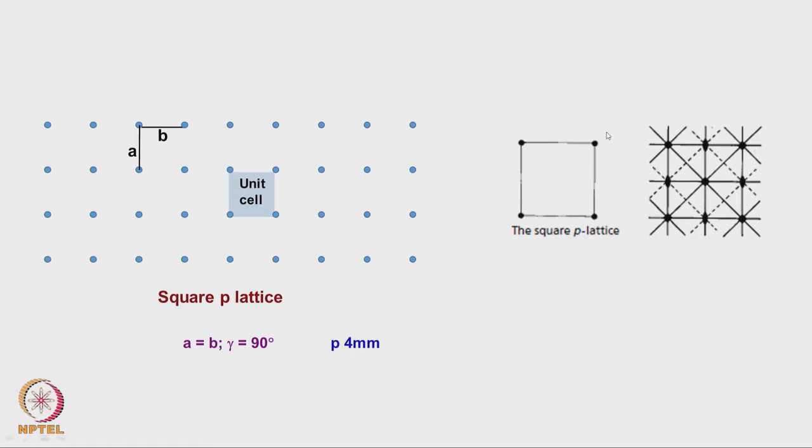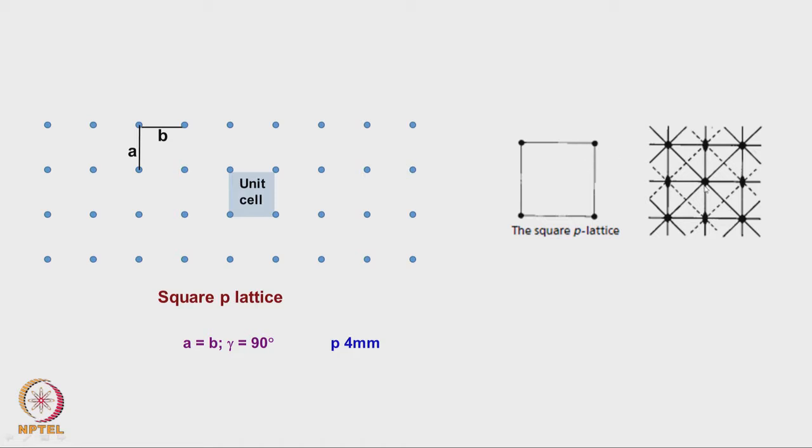That is, if I put a plane like this, okay, a mirror plane like this, what will happen is that this will be reflected and it should come here, but there is nothing going to be there. But from here to here, what is the distance? It is a by root 2, if a is the side of the unit cell.